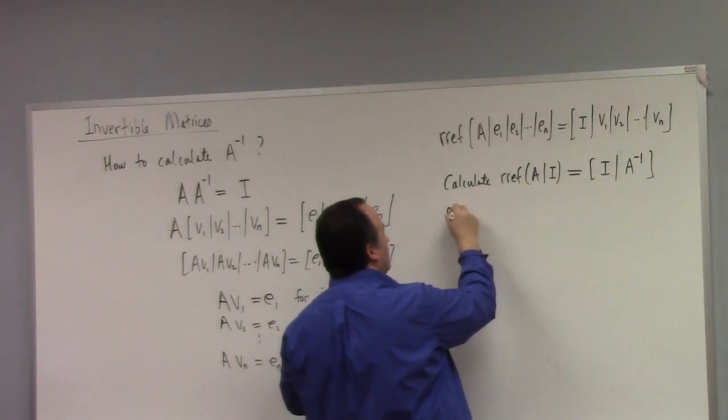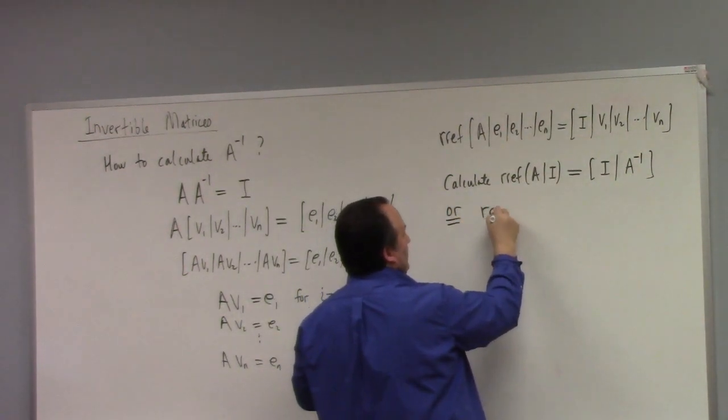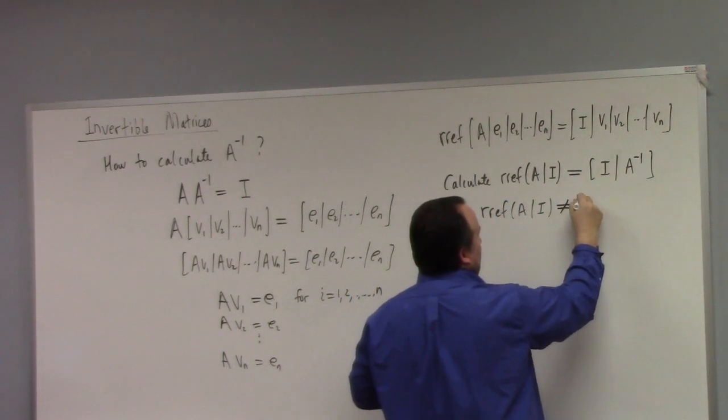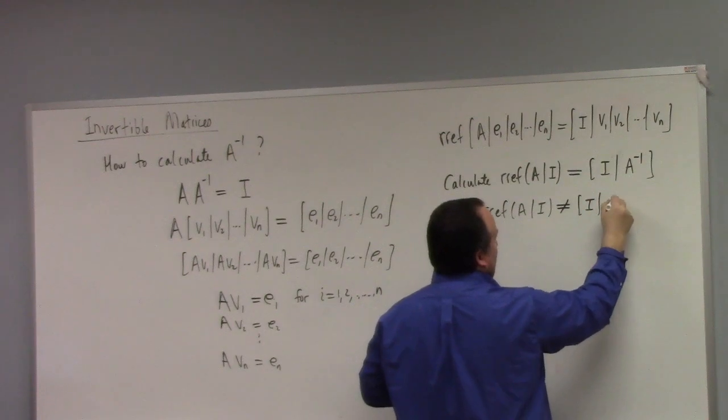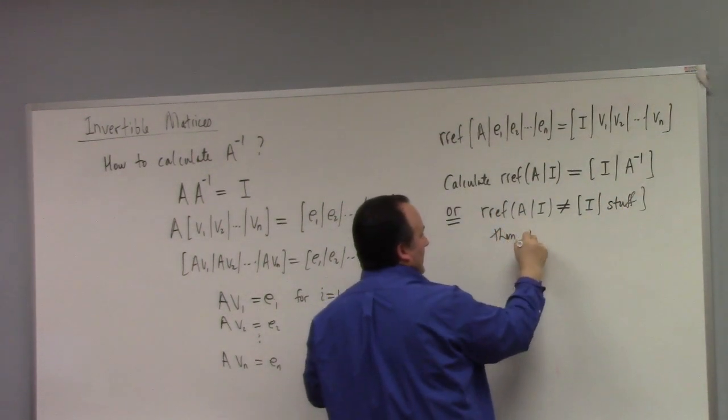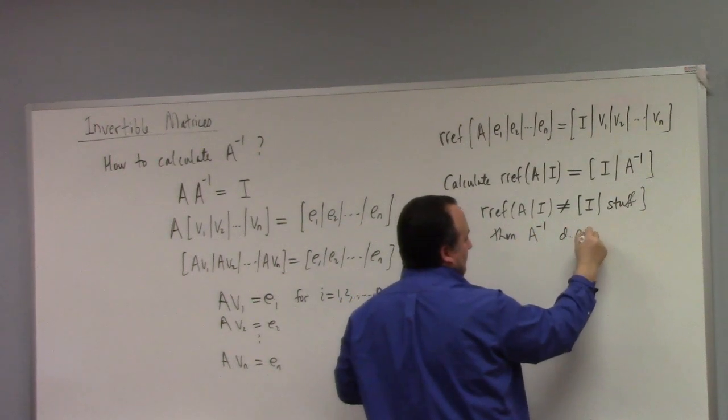Or if you calculate RREF of A with I, and it's not equal to the identity matrix with stuff, then A inverse does not exist.